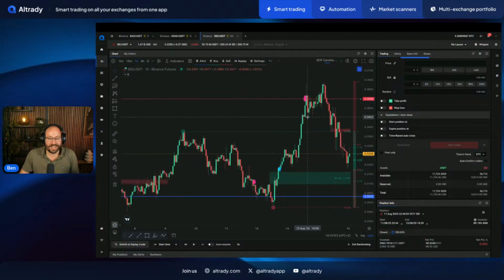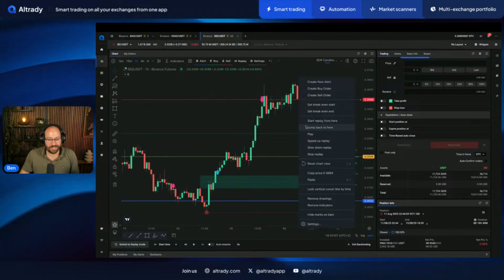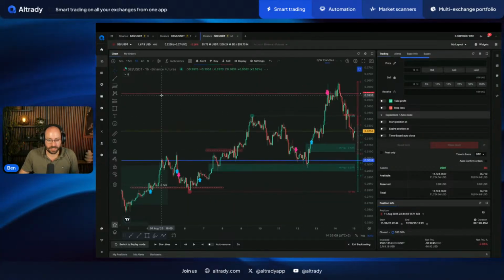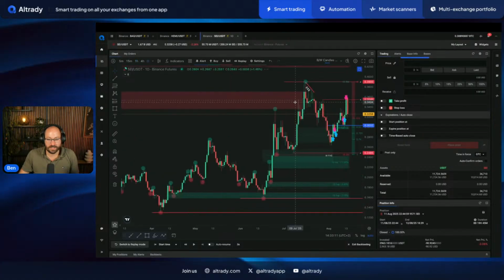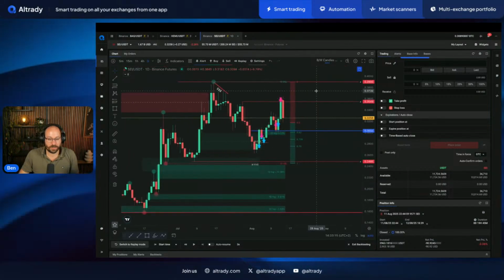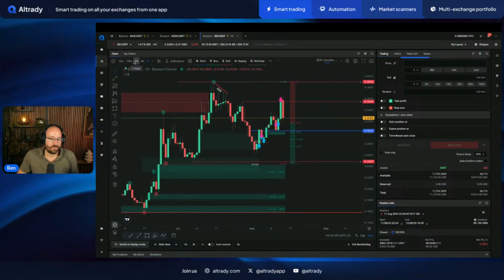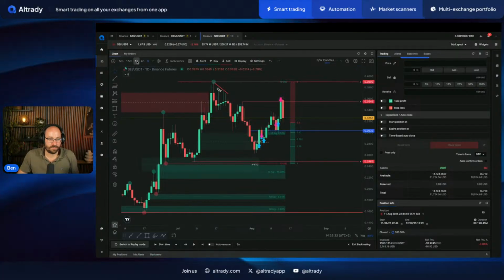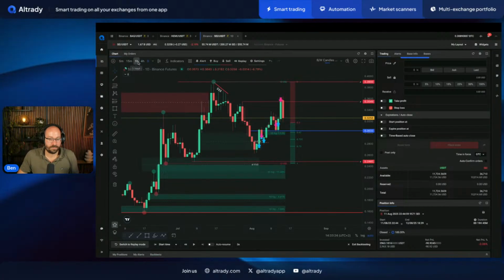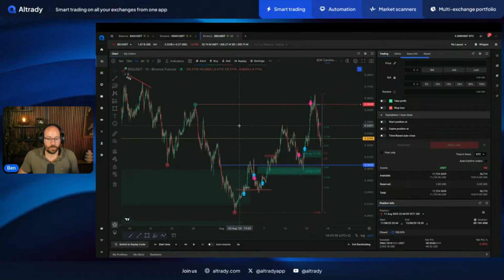So was there any hourly? Yeah, there was actually, but we wouldn't have taken it because it's still a long thing, right? We're still expecting it to go up. There is the strategy that, no matter what the structure is, when you take out some significant liquidity, you can try to trade in the opposite direction.